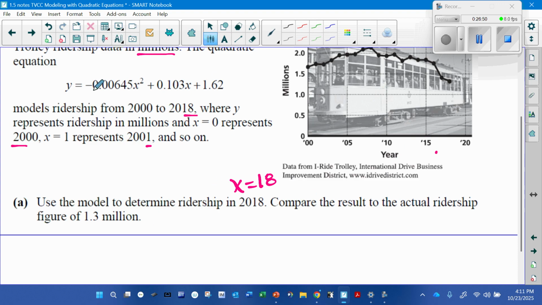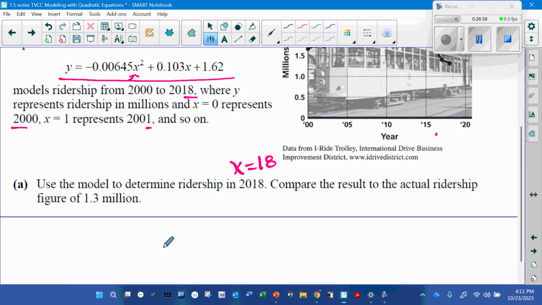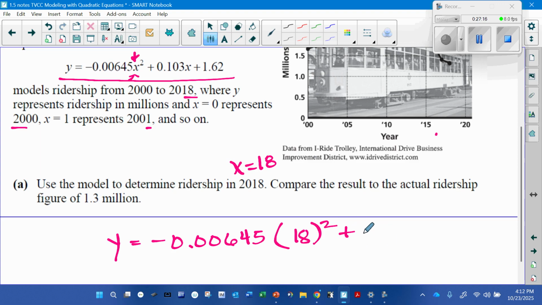So we know that if this is our formula and we know that x is 18, then all we have to do is plug it in and let the calculator do the work. So y equals negative 0.00645 times 18 squared, because I'm replacing x with what x is, plus 0.103 times 18 plus 1.62.